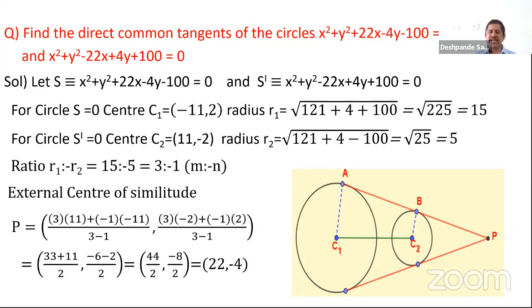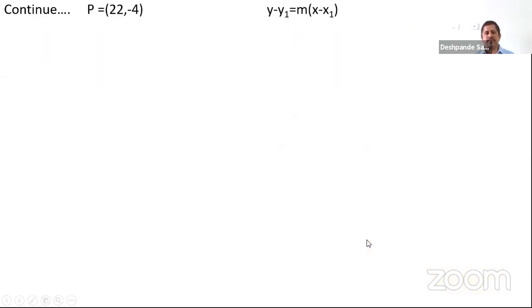Okay, so having understood this, let us go for the next concept or the continuation of this. You got the first external center of similitude, so you got this point P. What are these? Actually, they are the tangents. So before being a tangent, it's a line. So you take the equation of line as something like y is equal to mx plus c.